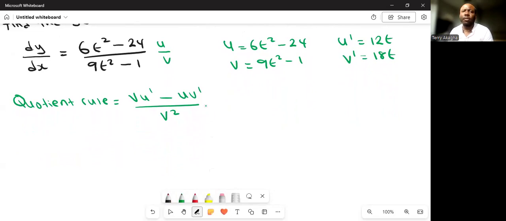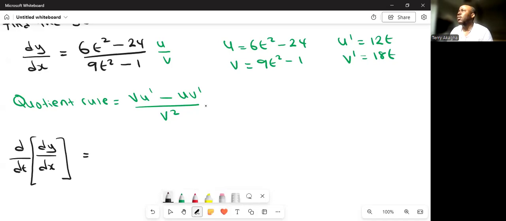We're now differentiating dy over dx with respect to t using the quotient rule.